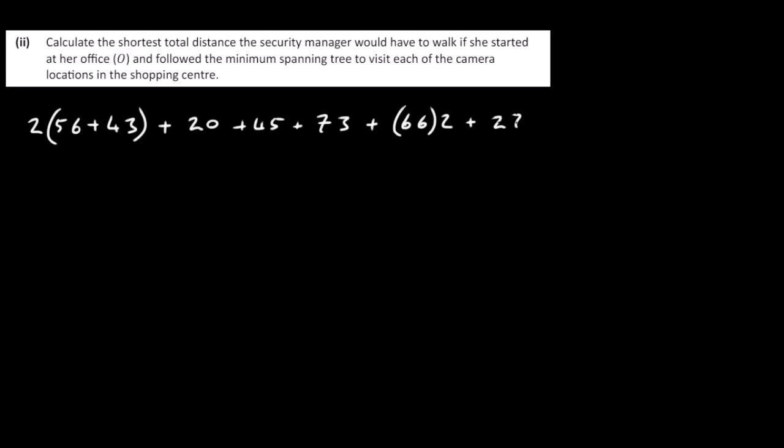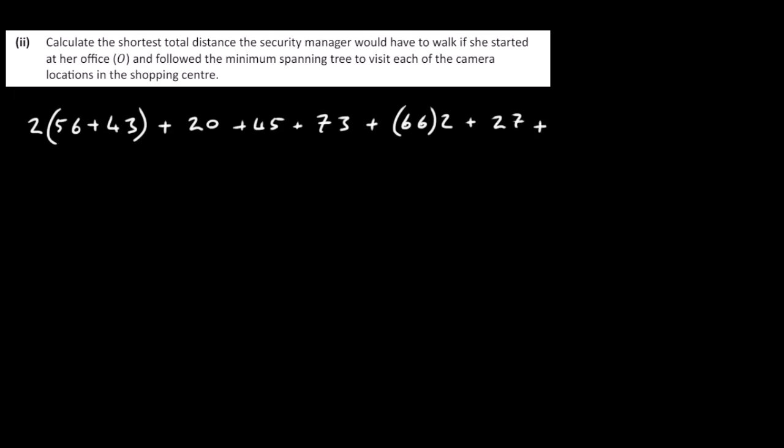So it's going to be 56 plus 43, which you've got to multiply by 2. She goes out and back. Then she goes out to B, which is 20. Then she goes up to A, which is 45. Then she goes out to D, which is 73. Then she goes out to H, which is 66, and she comes back again. Then she goes down to F, which is 27.